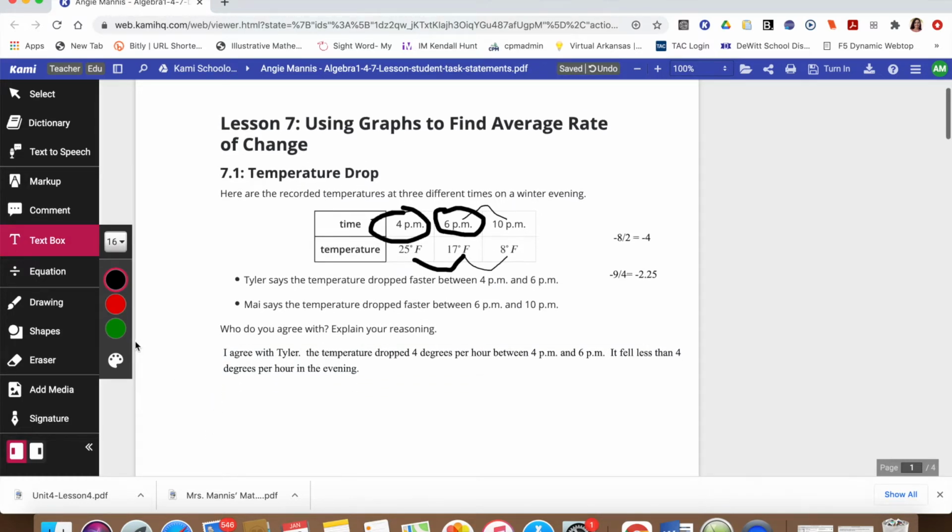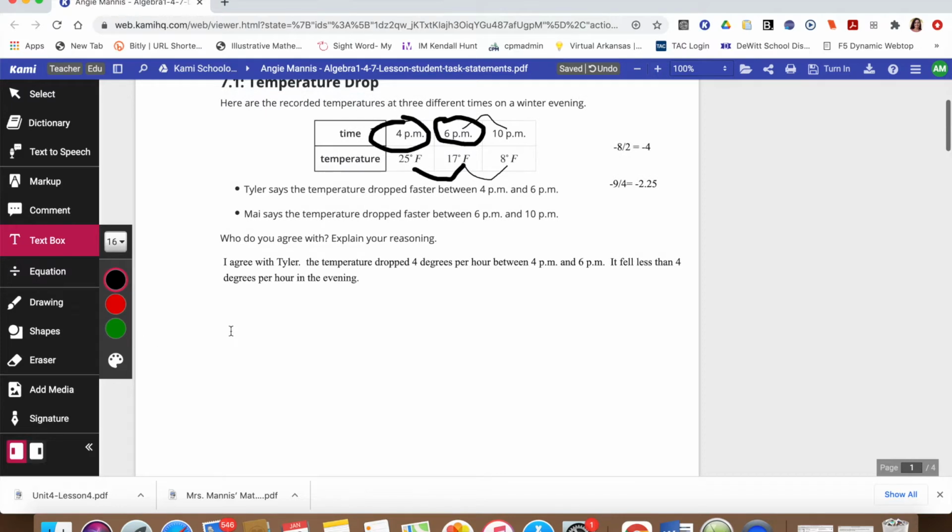Okay, so that's just typing out who you agree with and why.